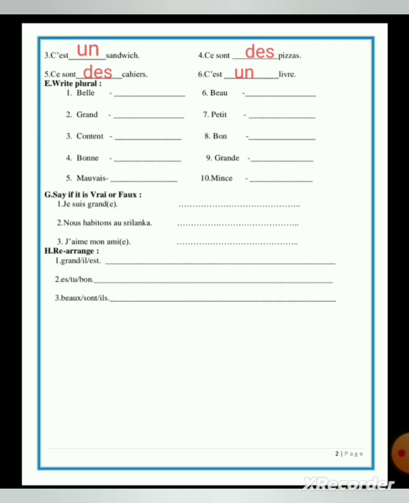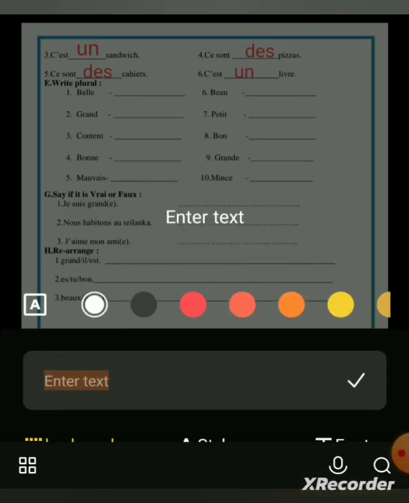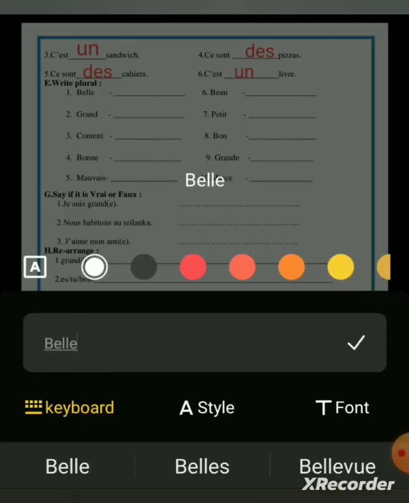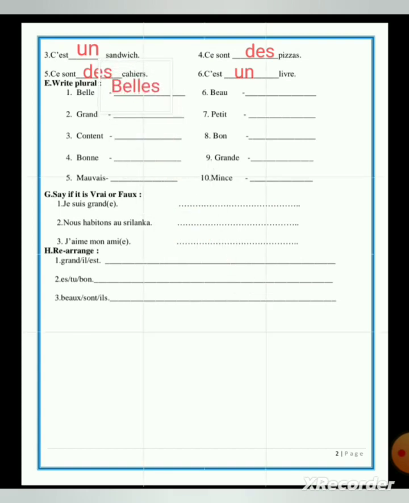Now look at the first. First is belle, B-E-L-L-E. Belle means beautiful. Now how will we make its plural? We will add S at the end. So you need to write the same word first, then you will add S at the end. In this way you will make the plurals of others.